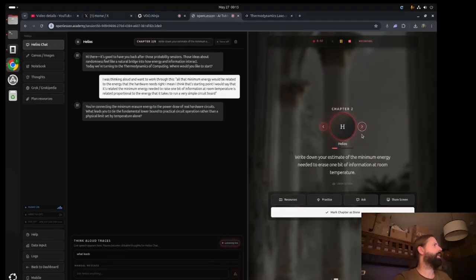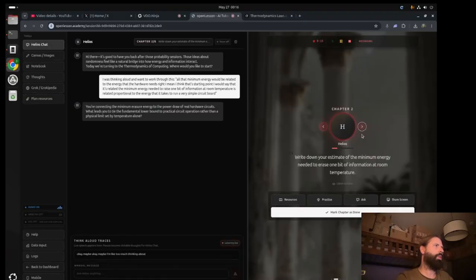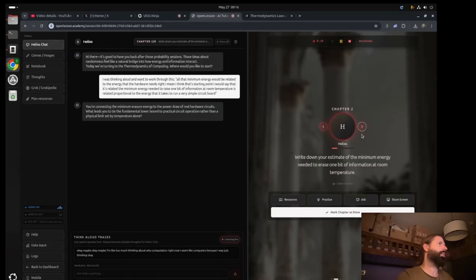What leads you to tie the fundamental lower bound to practical circuit operation rather than a physical limit set by temperature alone? Well, maybe I'm thinking too much about computation right now, as in computers.